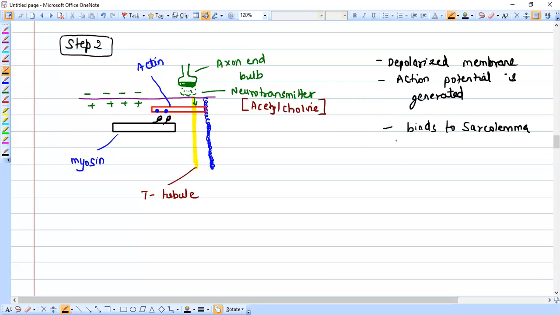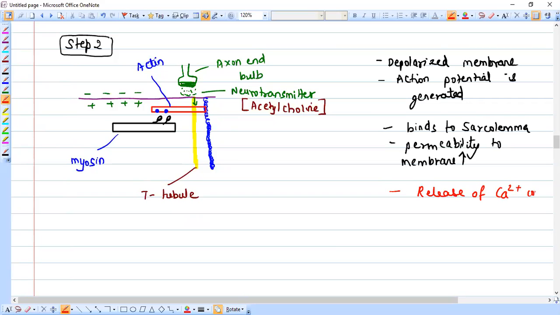Once it has bound, what will happen? The permeability of the membrane will increase. And since the permeability of the membrane increases, outside will become more electronegative and inside will become electropositive. And once this is done, the most important thing: the T tubule is responsible for release of calcium ion.